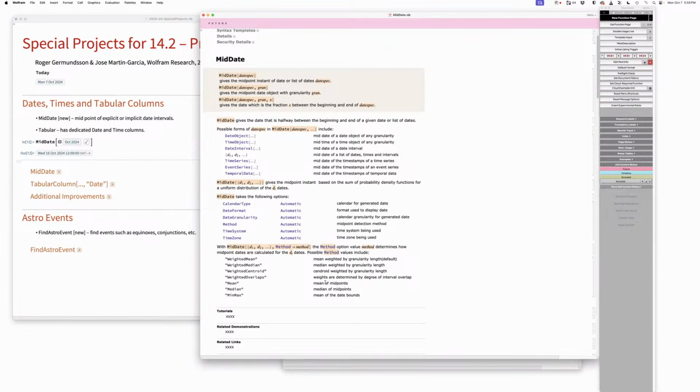Yeah. Basically, with the weighted mean, if you have a week specified, it doesn't matter if that week appears as a sequence of 7 days or appears as a date object that is a week, it's weighted the same. Do you think it should be called granular mean instead? I mean, that seems like it captures the idea better.